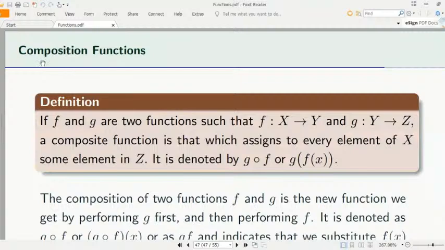Now, lastly, we want to look at composition functions. So that is where I will end my lesson today. I begin by defining, and I'm saying that if f and g are two functions, such that f assigns elements of x to those of y and g assigns y to z, then a composite function is defined.